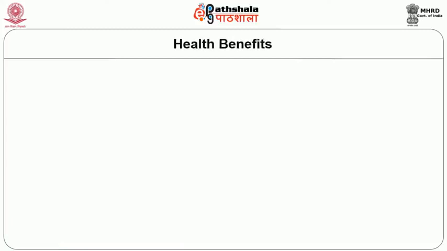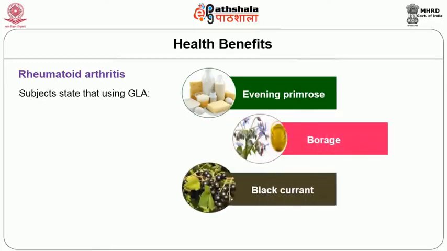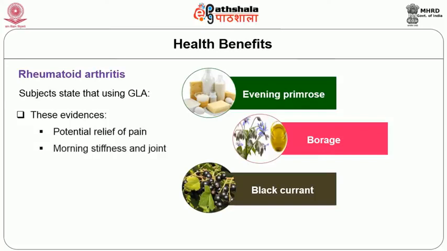Nowadays the aged population, particularly worldwide, is increasing. Also rheumatoid arthritis in the aged population is going up. So many studies have been conducted in both animal and human models, and the results revealed that using GLA, particularly from evening primrose oil, borage seed oil or blackcurrant seed oil, provides potential relief of pain, morning stiffness and joint tenderness in rheumatoid arthritis patients when they apply this oil.